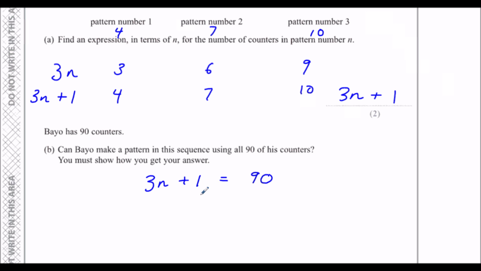So if we take 1 away from both sides, 3n equals 89. And we do 89 divide 3. And we find out that that isn't. So if we divide both sides by 3, we get 29.66666.